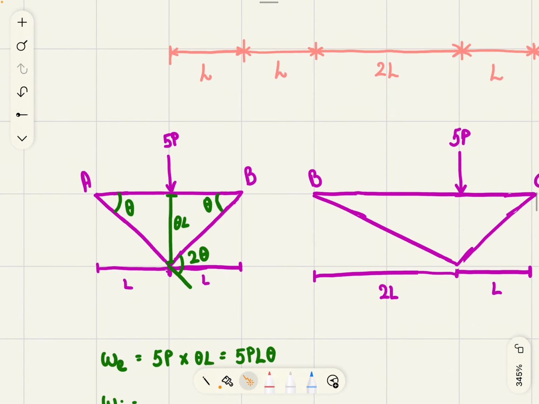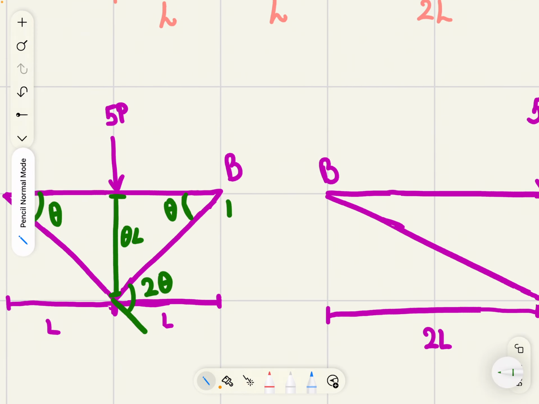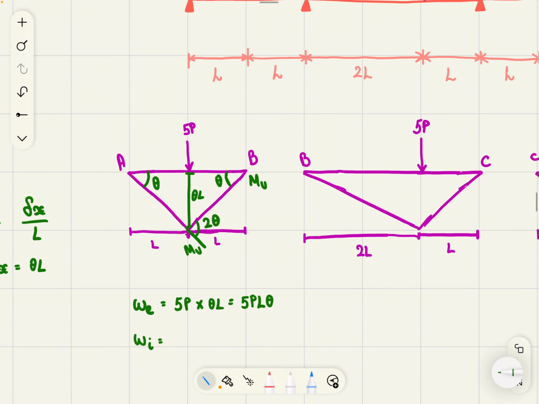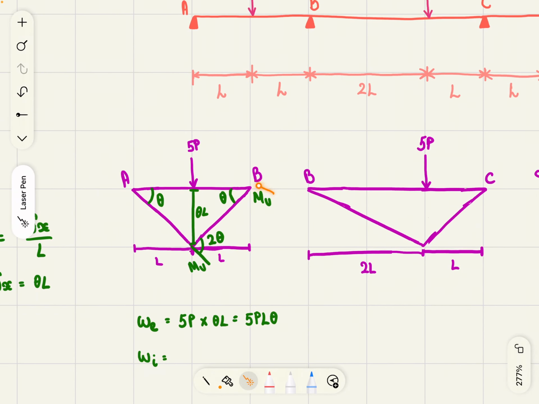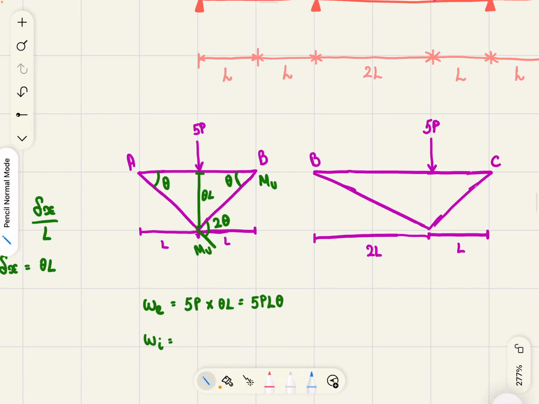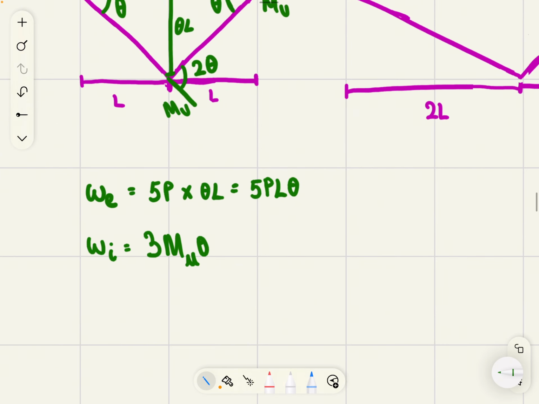So there's no moment contribution for our internal work, only from the plastic hinges, not from the real hinge. And the moment contribution from the plastic hinges is Mu and Mu. So internal work is Mu times theta plus Mu times 2 theta. So that's going to be 3 Mu theta.